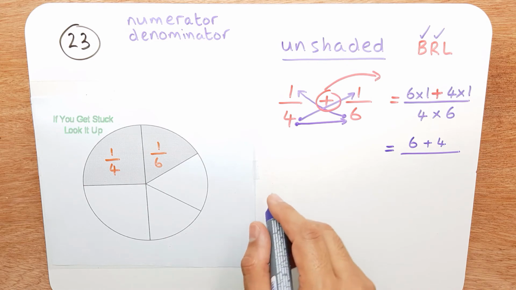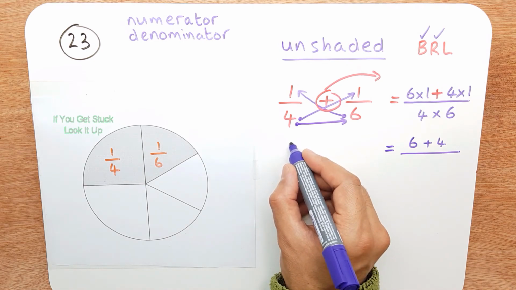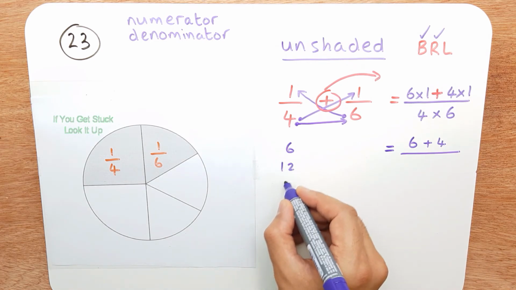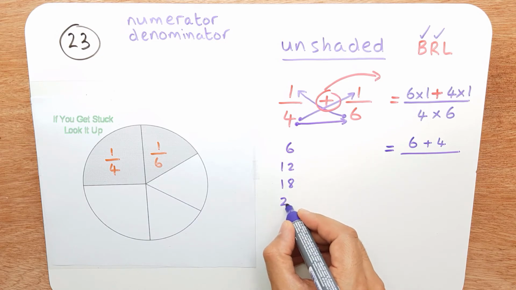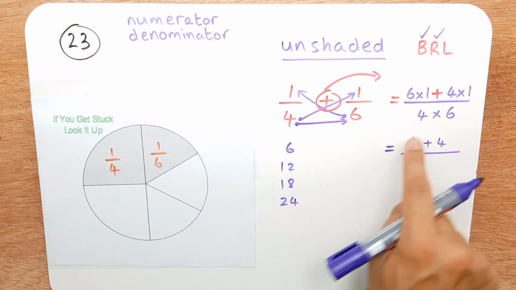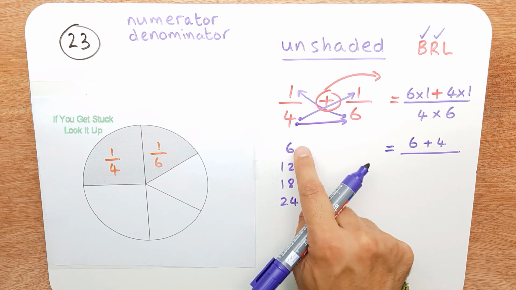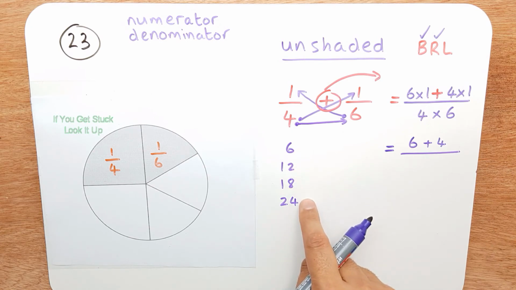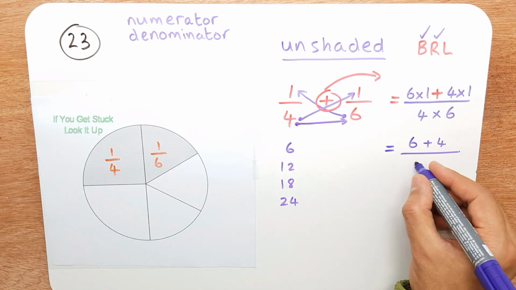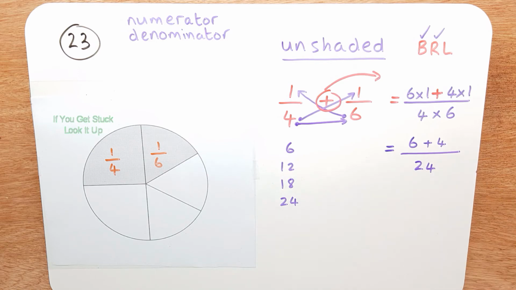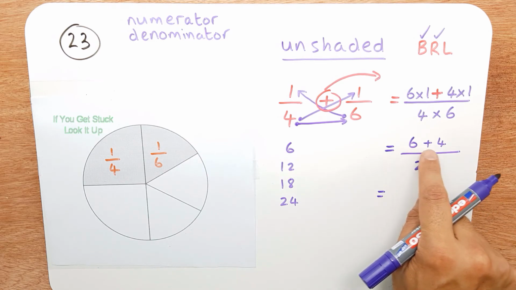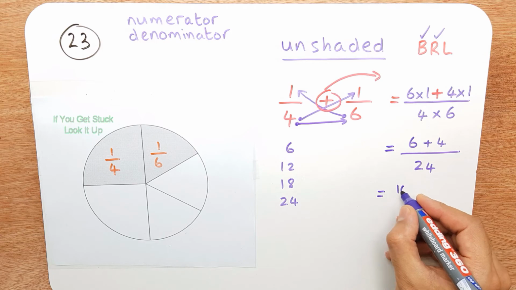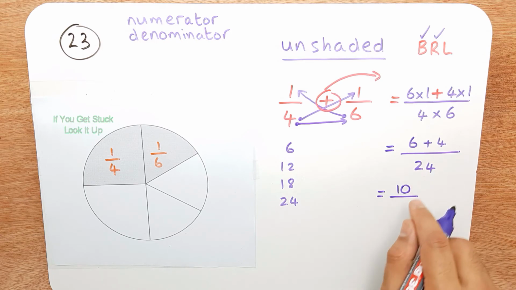So we can try our 6 times table. 6, 12, 18, 24. So we want 4 lots of 6. 1, 2, 3, 4. So 4 times 6 is 24. So now let's add the numerators. 6 plus 4 is 10. And we put 24 at the bottom.